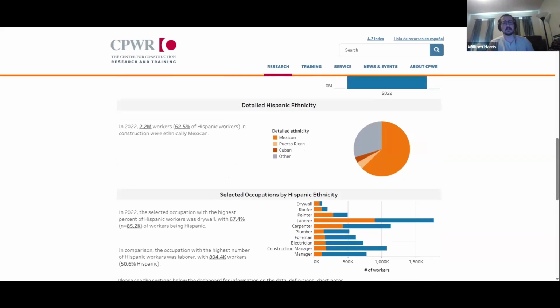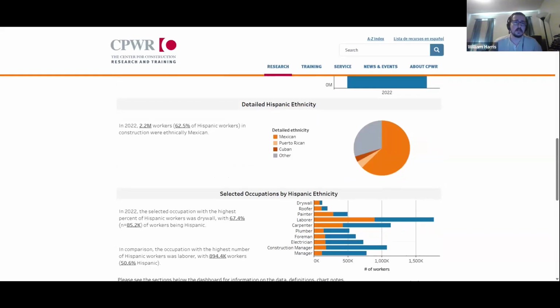Moving on to detailed Hispanic ethnicity, the Hispanic workforce within construction is not a monolith, and being able to understand their interior demographic breakup based on which Hispanic countries they come from or have their heritage from is important in reaching these workers. And so within the United States, we do see that 62.5% of the Hispanic construction workforce is of Mexican descent.